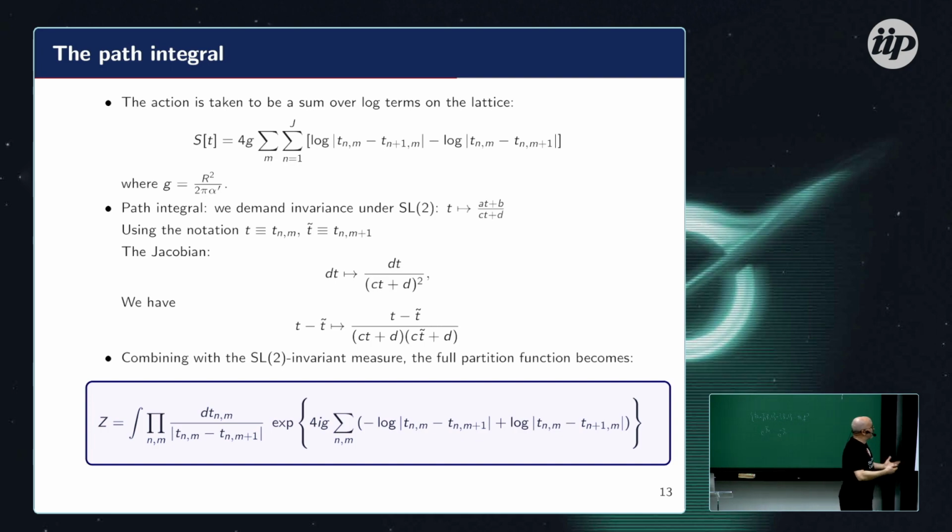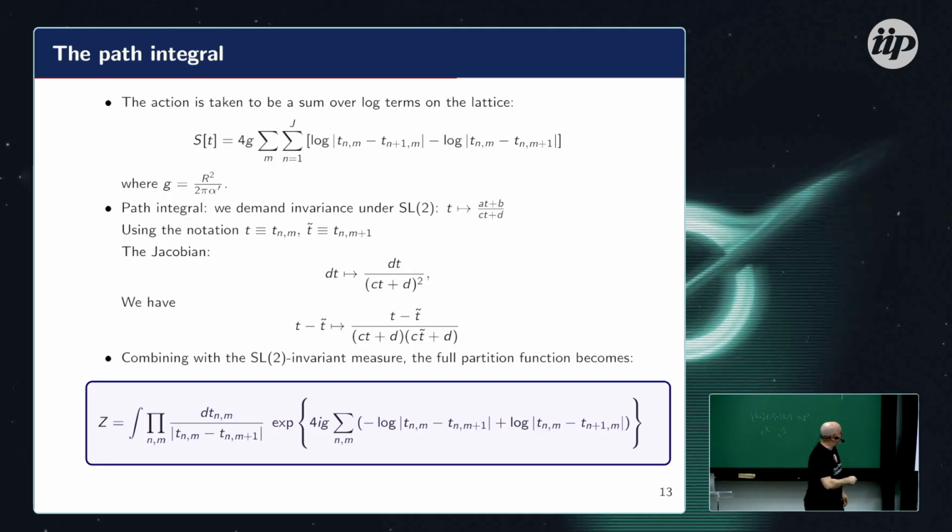Okay, so I somehow want to build a path integral out of this classical action, and I demand that it's invariant under global SL2, which acts on the time variables via this Möbius transformation. And A, B, C, D are just some unit determinant matrix elements. Just to simplify the notation a bit, I picked some T somewhere on the lattice. I denote that by T, and T tilde is just the next one, one forward time step, okay?